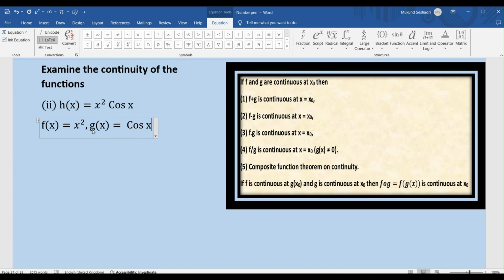So x square is a continuous function in the domain R. And we also know that cos x is a continuous trigonometric function in the domain R, right?